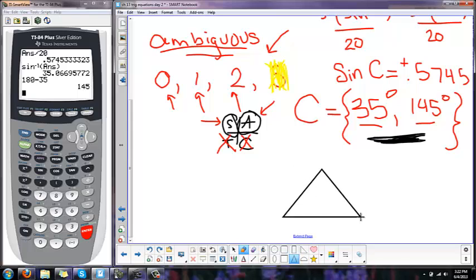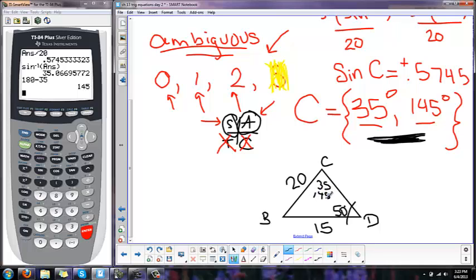So we have this triangle and we labeled them B, C, and D. And we knew that angle D was 50 degrees, side C was 15, and side D was 20. So we just figured out that the angle C right here could be either 35 degrees or 145 degrees.